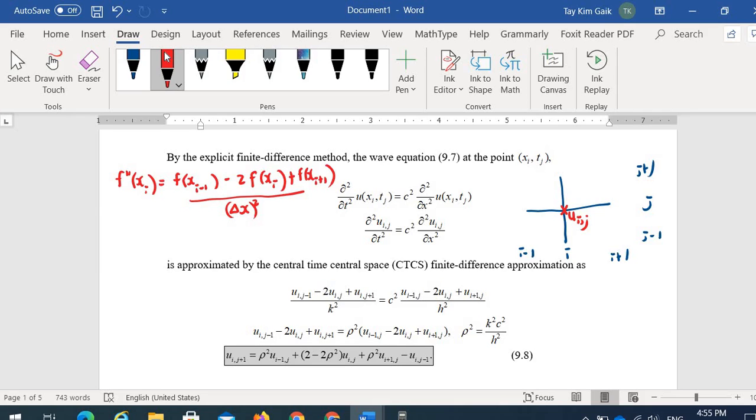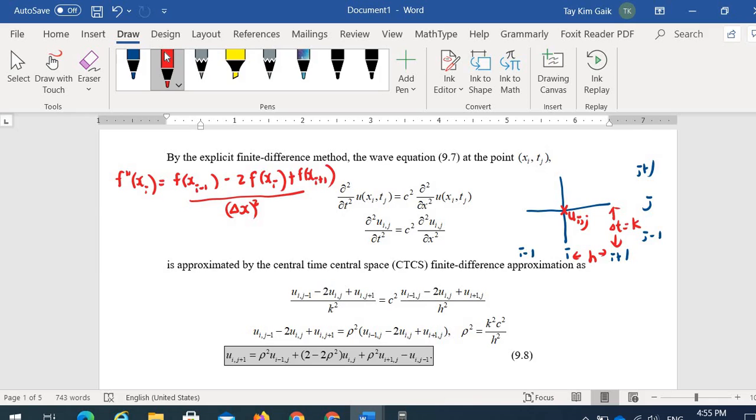Let the increment of the variable x be h, and the increment of t, delta t, be k. And then for del 2u del t2, we differentiate with respect to time t, which is vertical.